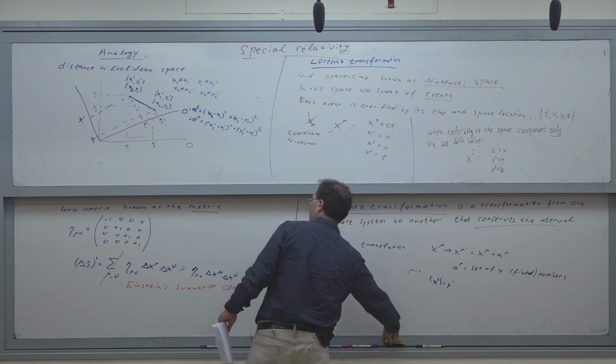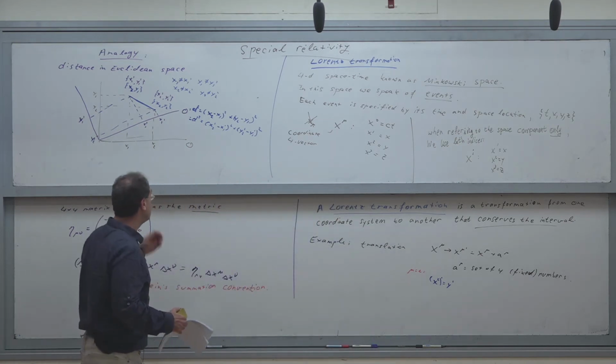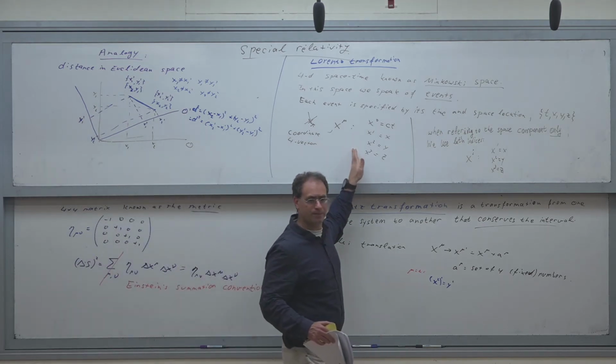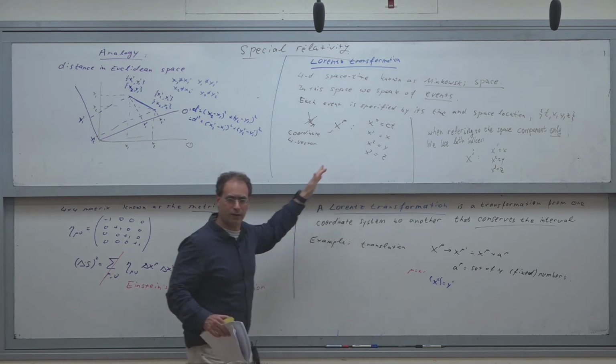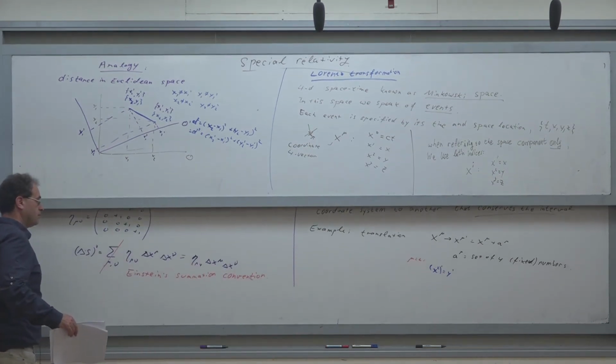The only other kind of linear transformation is to multiply this 4-vector by a matrix. This is the only other thing we can do.